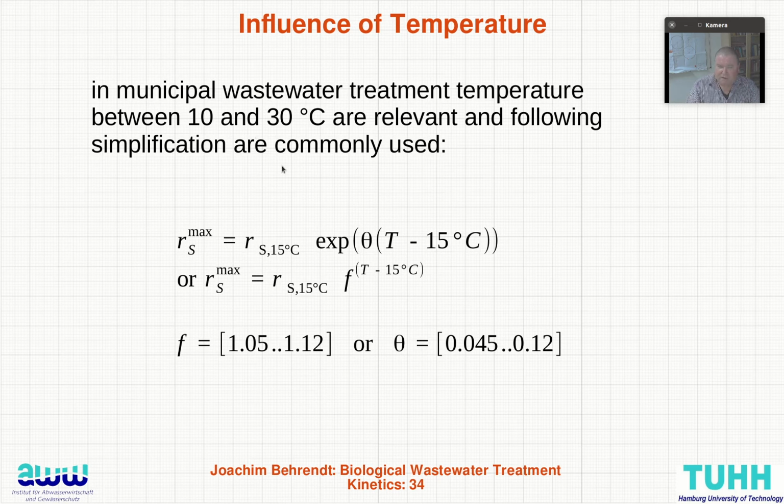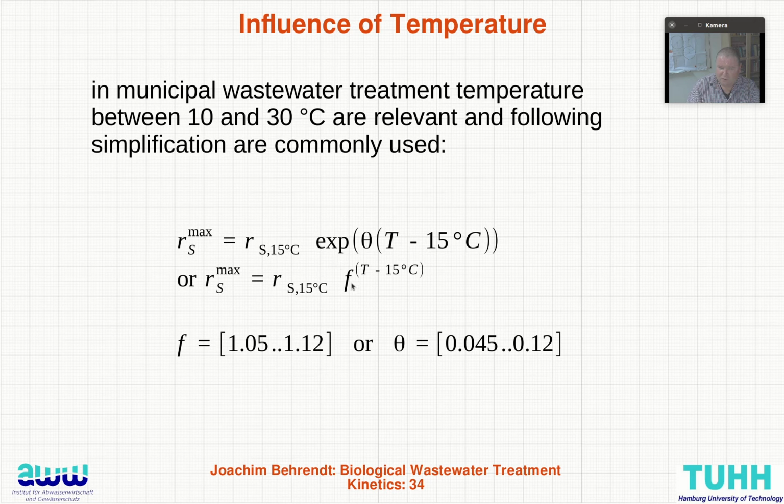Two concepts are used, that we have a reaction rate for a special temperature, in this case 15 degrees centigrade, and the reaction rate with respect to the temperature is multiplied with an exponential term, theta times the temperature that we want to apply minus this base temperature.